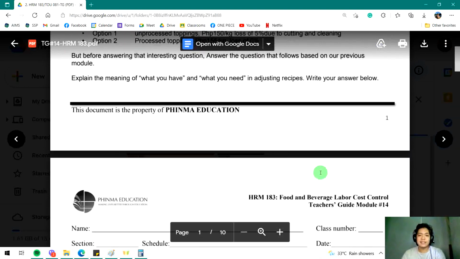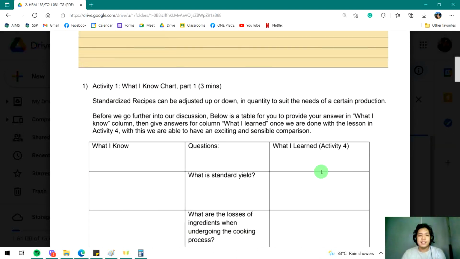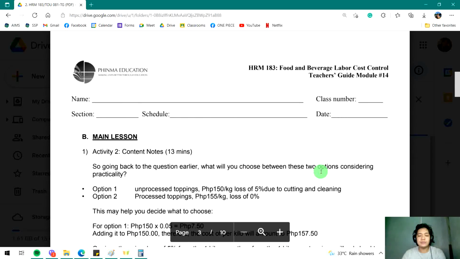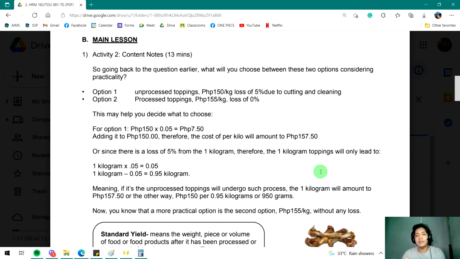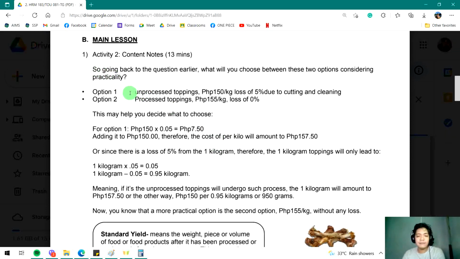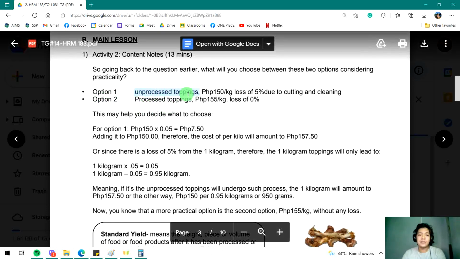Standard yield test. Ayan. In order for us to better understand kung ano yung standard yield na ito, let's first answer this question. If you as the business owner should have to choose between option 1 and option 2. Option 1 is an unprocessed toppings.